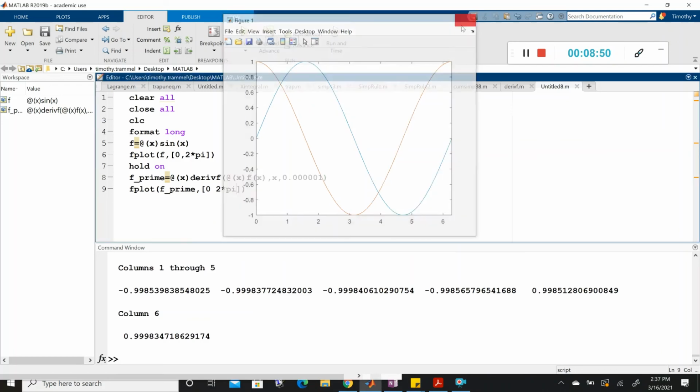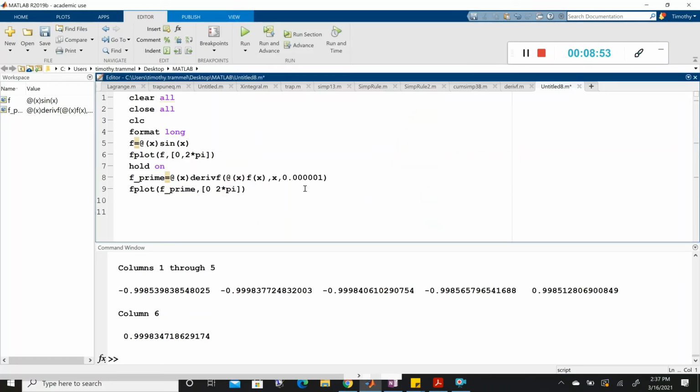And let's plot cosine over that and see what that looks like, see if we can even distinguish between them. So let's say g, specify the variable, and let's plot g over the same domain, 0 to 2 times pi.